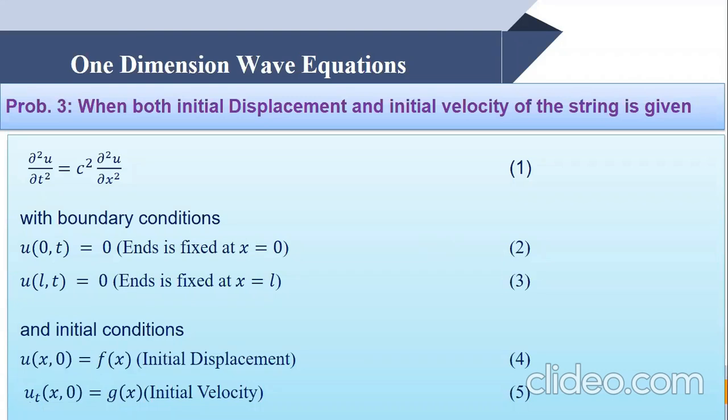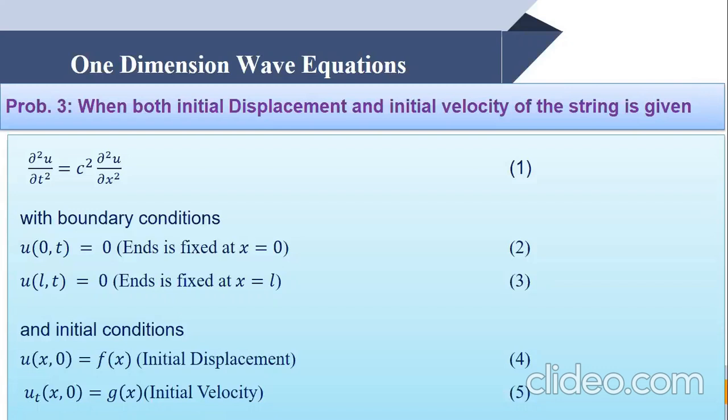Now we discuss problem 3 of the one dimension wave equation. Problem 3 is based on when both initial displacement and initial velocity of the string are given. In problem 1 only displacement is given, in problem 2 only velocity is given, and in problem 3 both are given.